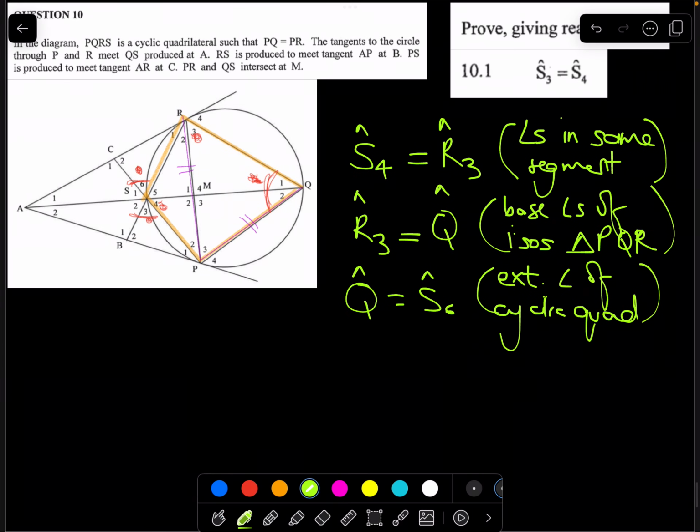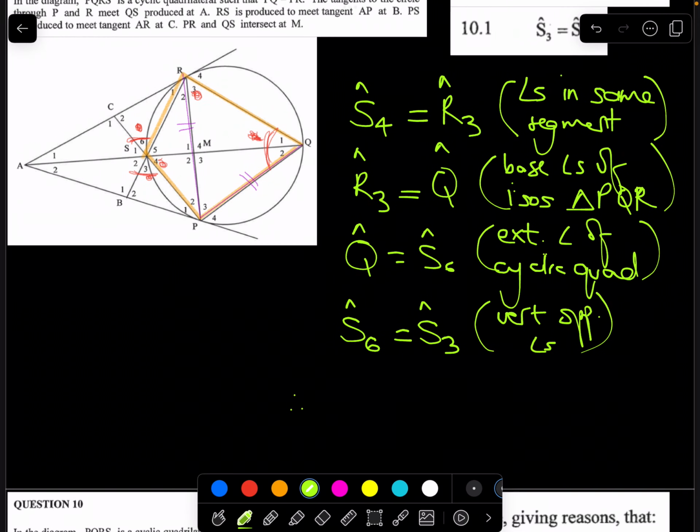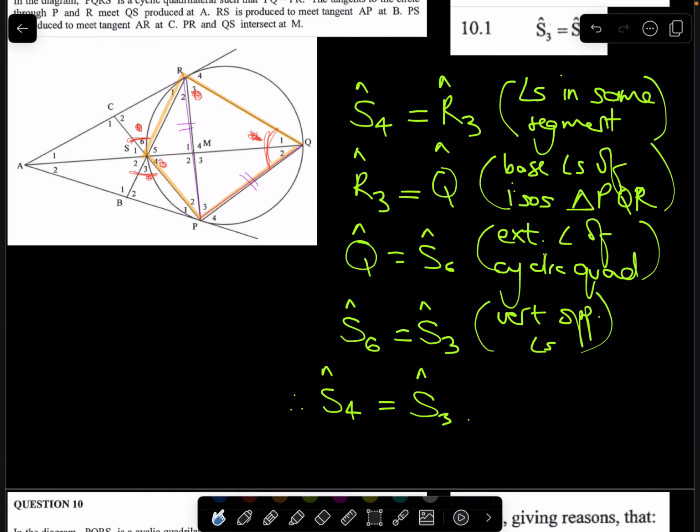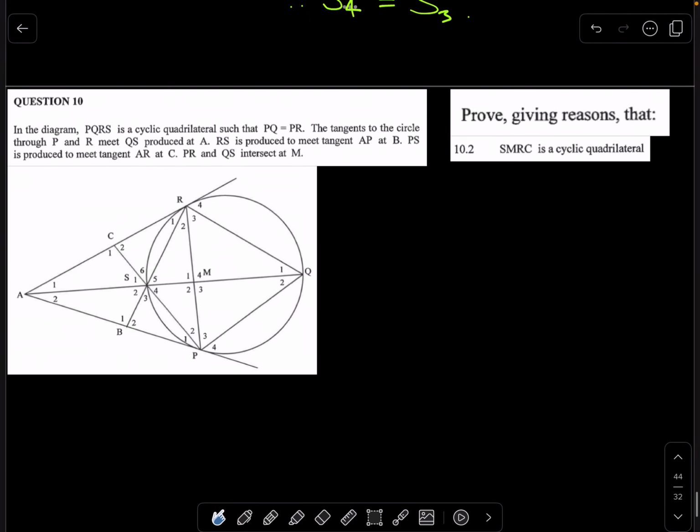And then lastly we said, well, S6 and S3 are equal because vertically opposite angles, and so as a result S4 is then equal to S3. Right, okay, perfect. Right, okay, cool, that was nice.